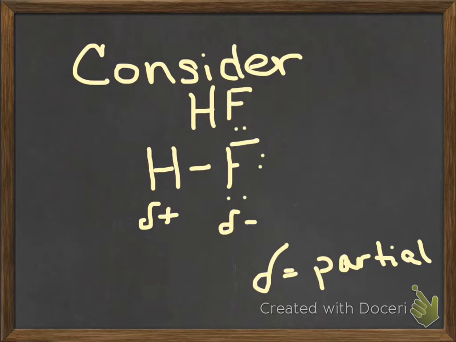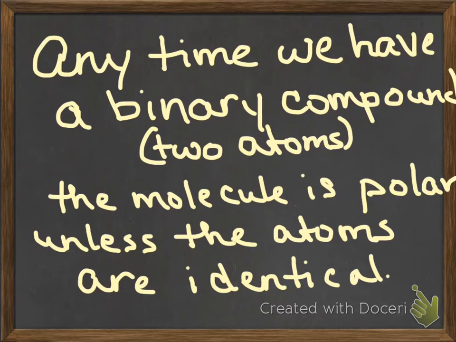Okay, so when we have 2 atoms, it's pretty easy. One of them most likely is going to be more negative than the other. Anytime we have a binary compound, so a compound with 2 different atoms, we're going to say the molecule is polar unless the atoms are identical.